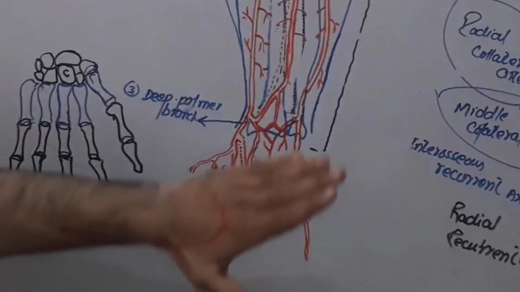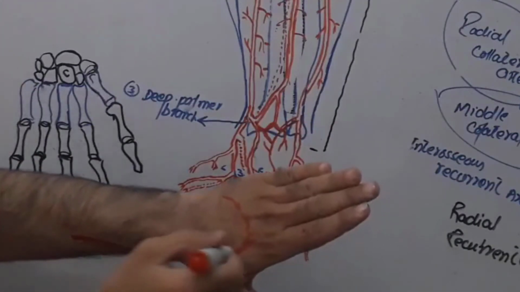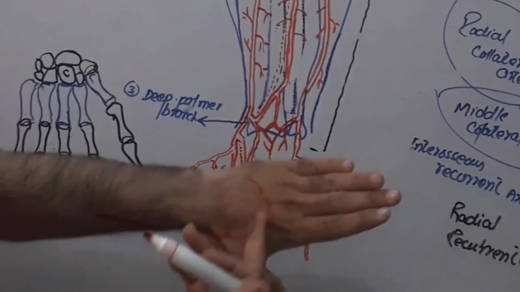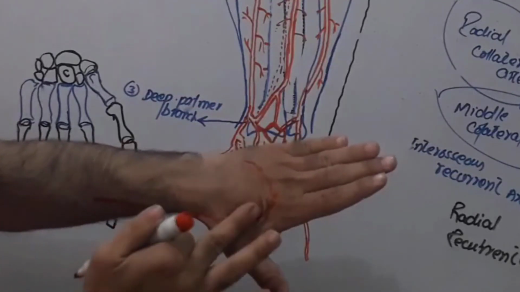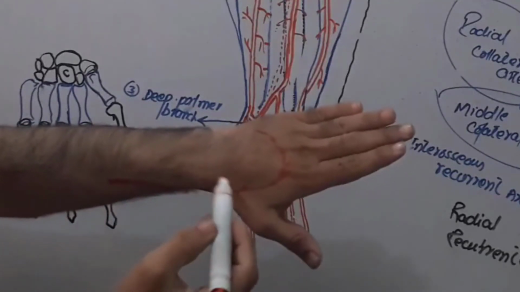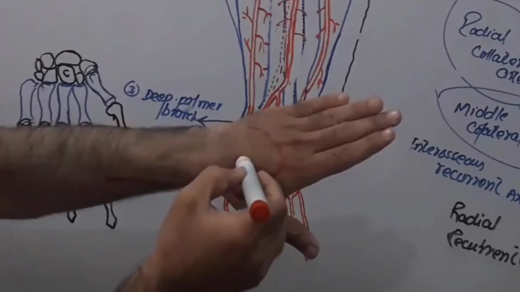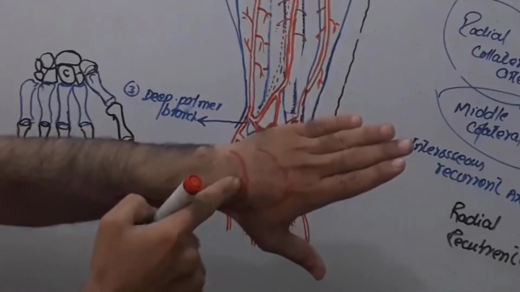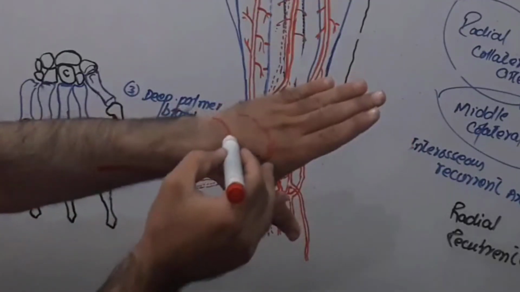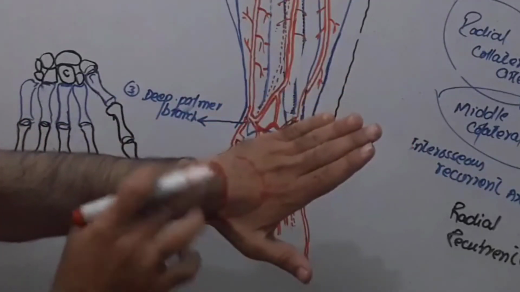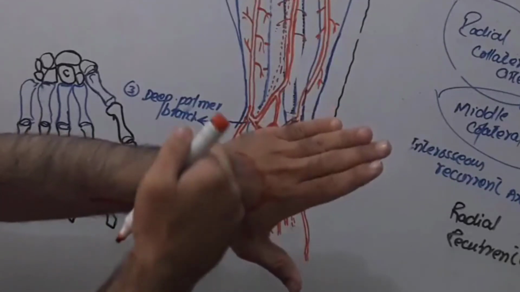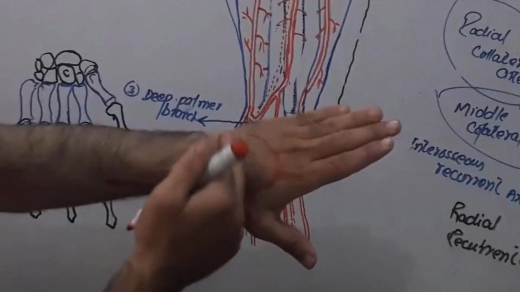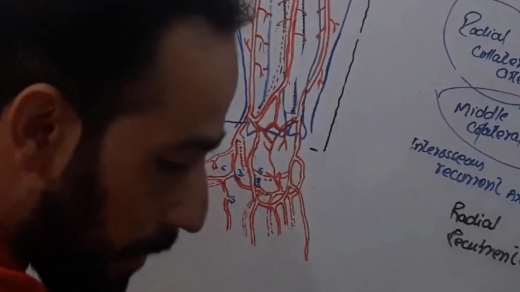So we call it the dorsal carpal branch, right? I have mentioned it in this metacarpal region. So just to make you guys understand, it comes like this a little bit near to the carpal bones, right? So this branch is called the dorsal carpal branch, as it is in the dorsum of the hand and on the carpal bones. So that's why it is called the dorsal carpal branch, right?